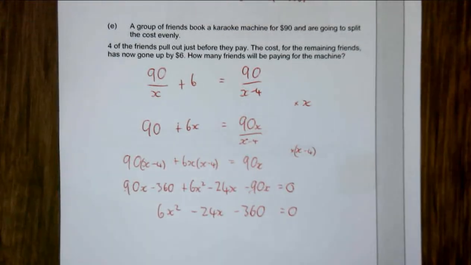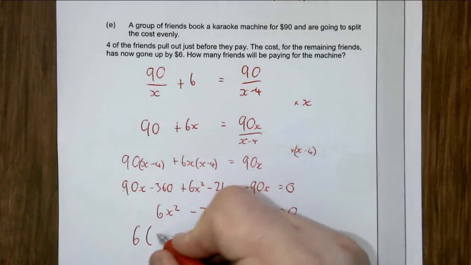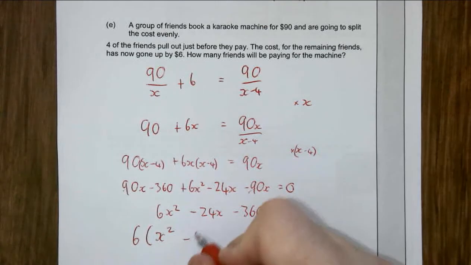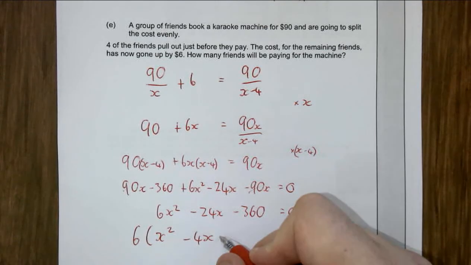Right, so this is a quadratic where the first number isn't 1. So these can be tricky, but this one's not because there's a 6 that can be taken out of everything, right? So I'm going to factor out the 6, and that's going to leave me with x squared minus 4x minus 60.